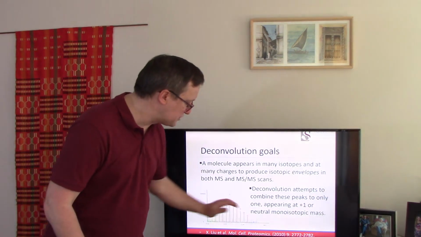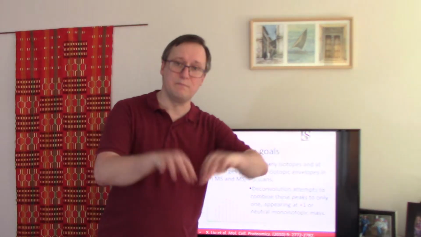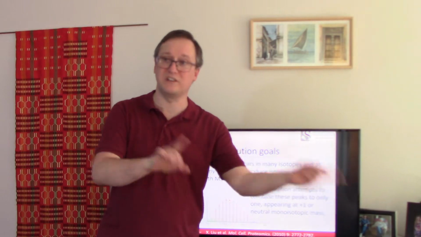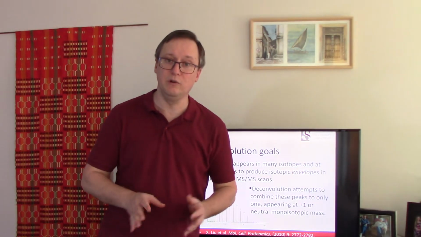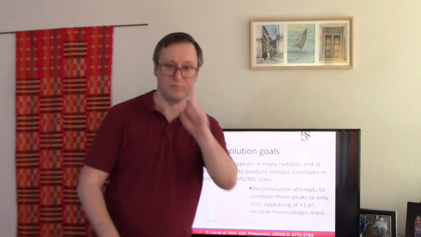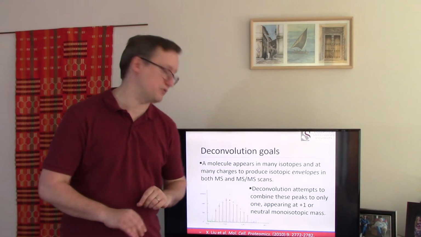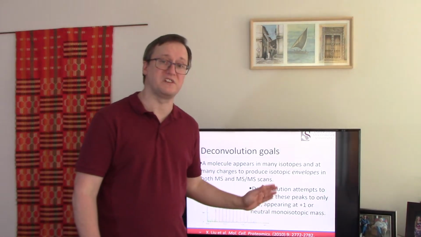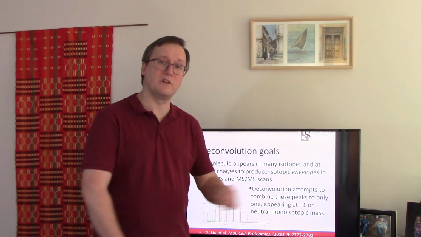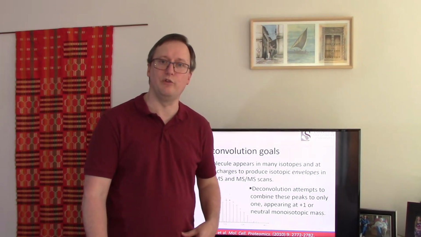So by being able to recognize these isotopic envelopes and further recognize that multiple isotopic envelopes correspond to the same mass to charge value, gives us the ability to represent all of these peaks at different charges with one in a de-isotoped, deconvoluted spectrum. This is a frequent first step in the software out there. One of the first approaches to this was created by David Horn, and it's called Thrash.